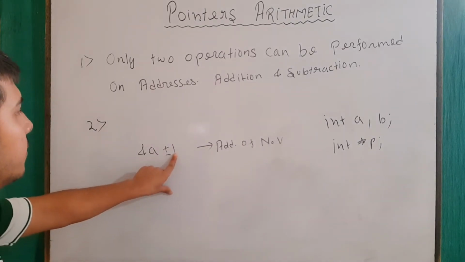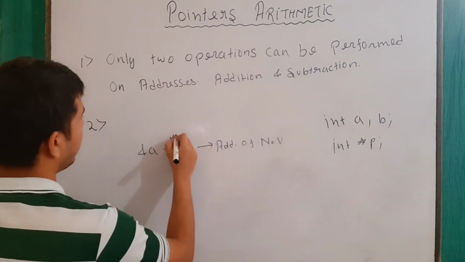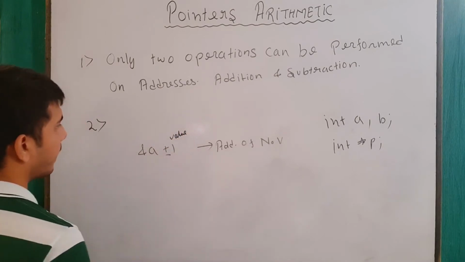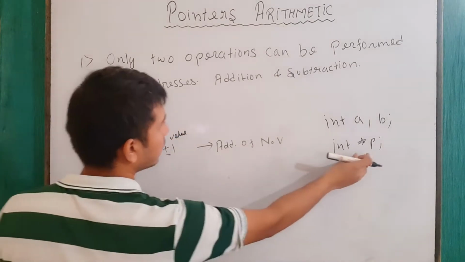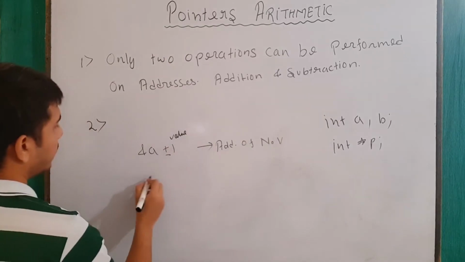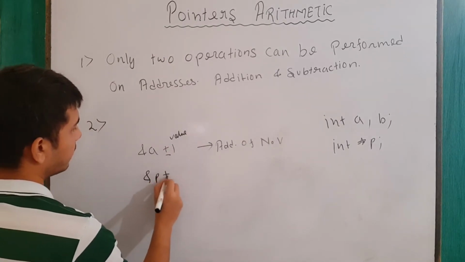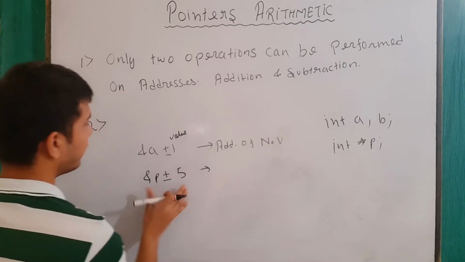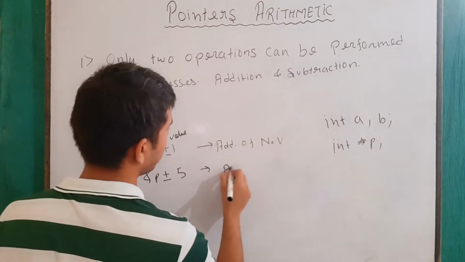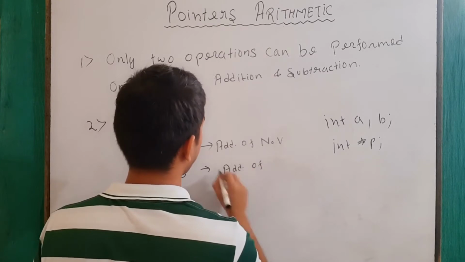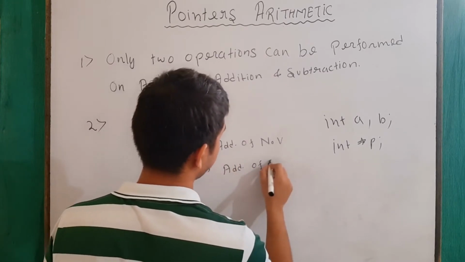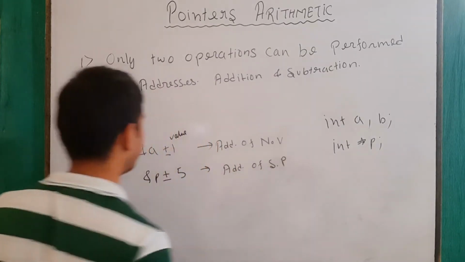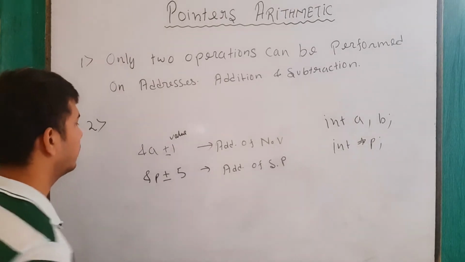Similarly, for the single pointer, if I do &p plus or minus any constant or value, let's say 5, whatever the output will be, it will be treated as the address of a single pointer.